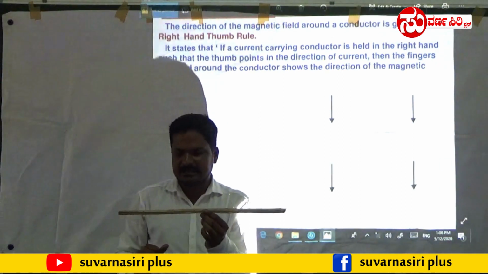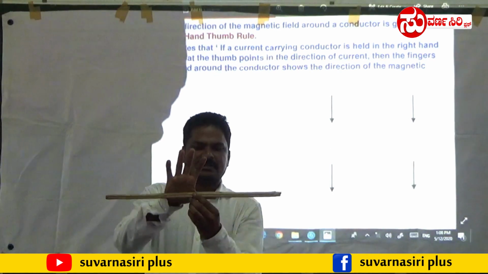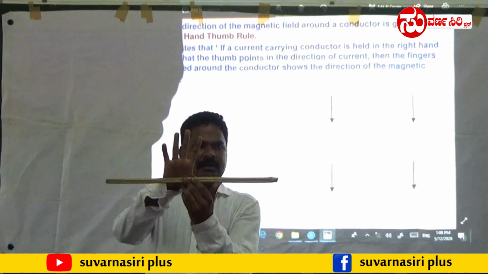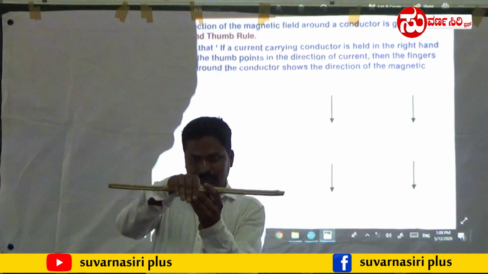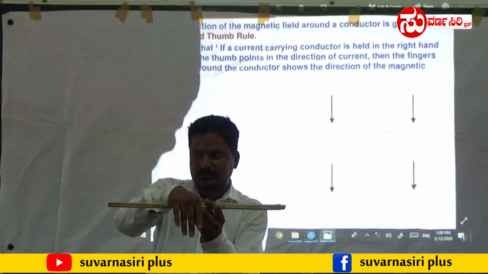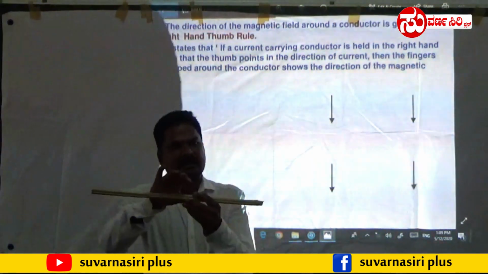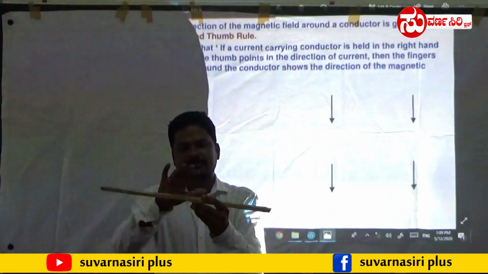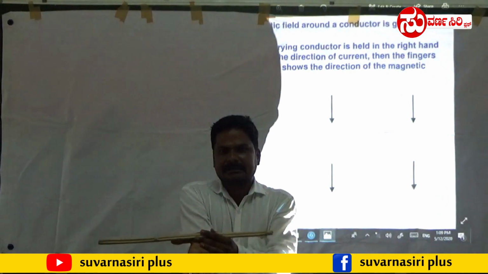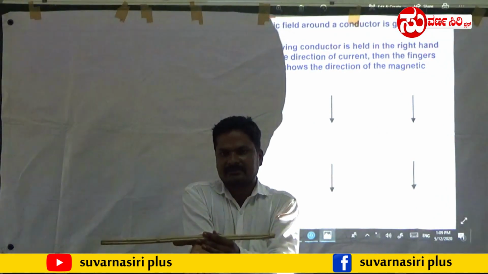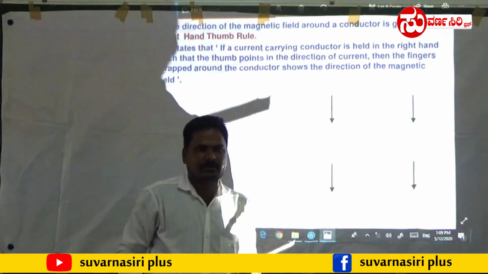So if the current passes west to east, we place the thumb like this, and the wrapping fingers go north to south. The direction of the magnetic field is north to south. If the current passes from east to west, then the magnetic field direction is south to north. This we have to conclude.